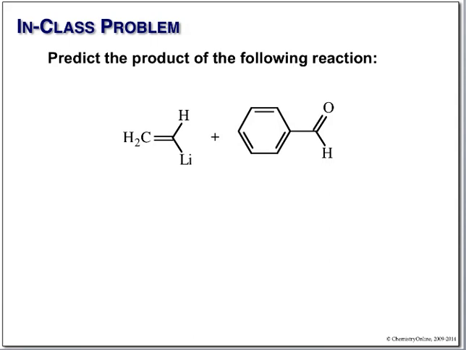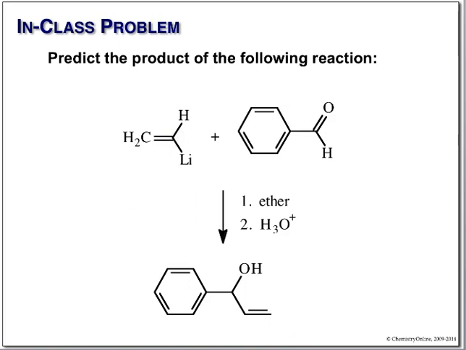Well, this is the nucleophilic carbon, right here. That's the guy that is negatively charged, right? It's the one that's attached directly to the lithium. All that's going to happen is this carbon, the vinyl carbon, is going to attack the carbonyl. When it does, we wind up with our addition intermediate, dump it into water, and we get the alcohol.